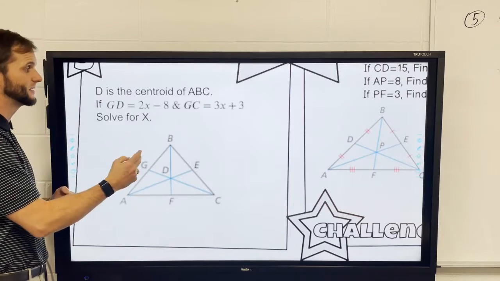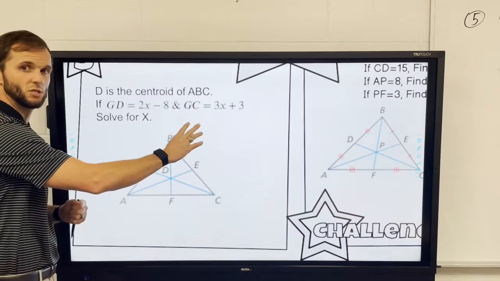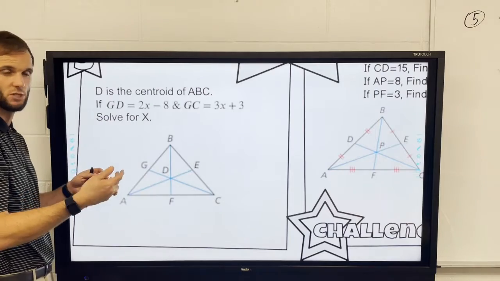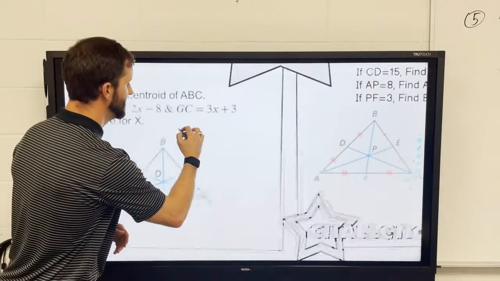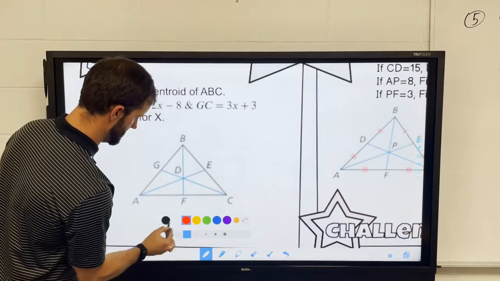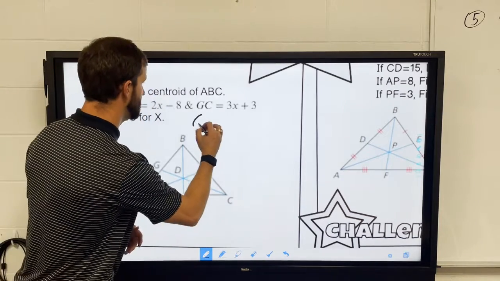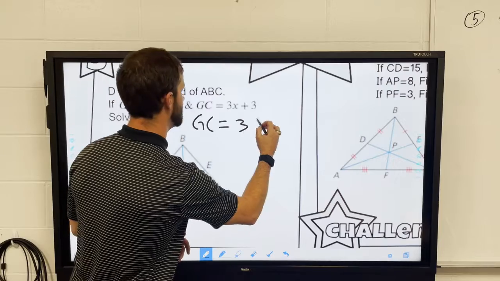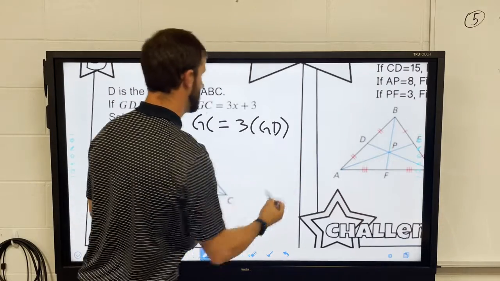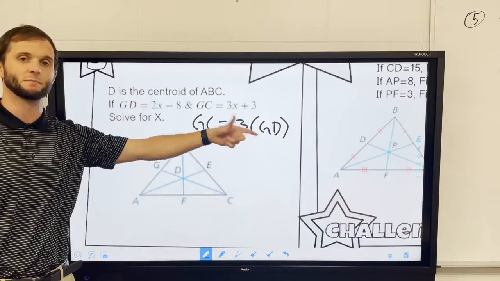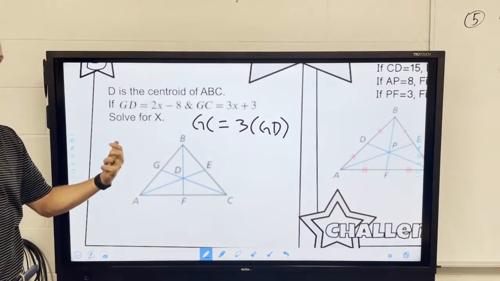So if I want both of these to be equal to each other, I have to multiply GD times 3 to make them equal. So GC is going to be equal to 3 times the measure of GD, because GD is 1/3 of the whole thing, so I have to multiply it times 3 to make them equal.